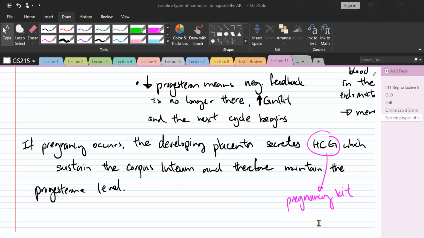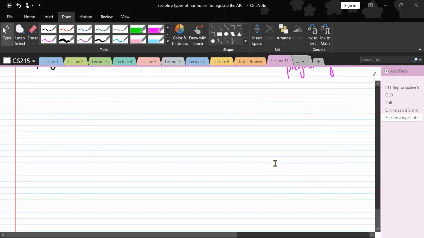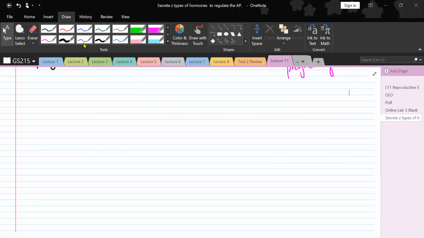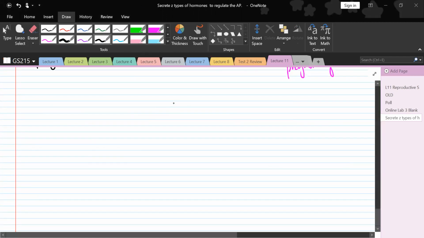Okay. All right, let's put it in a flow chart and a diagram and see if it makes sense. So at the beginning, we have the hypothalamus once again. And the hypothalamus is going to release GnRH. Okay, so in the first half of the cycle, the GnRH is going to secrete the FSH, right?